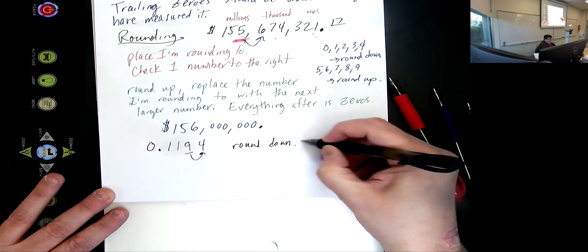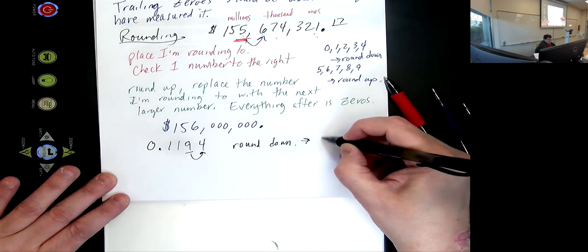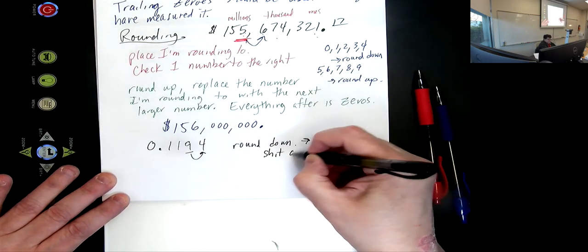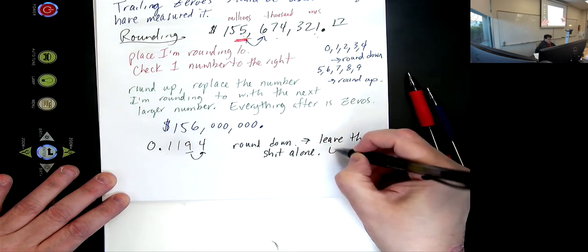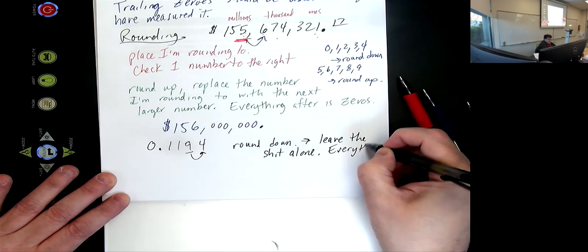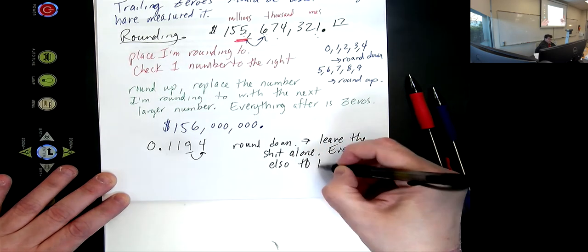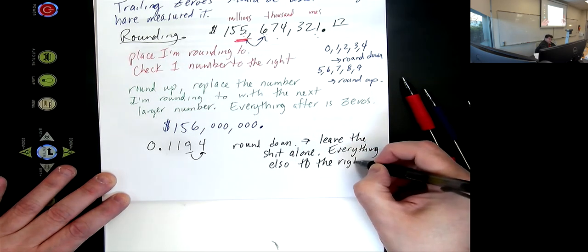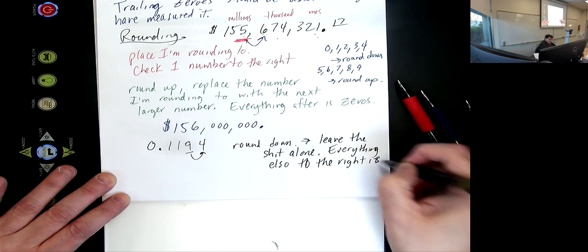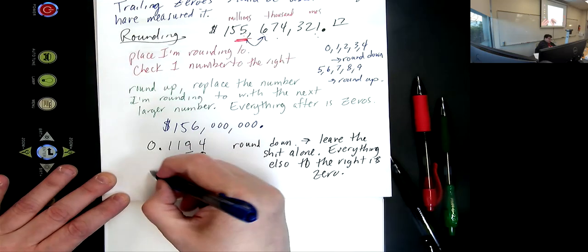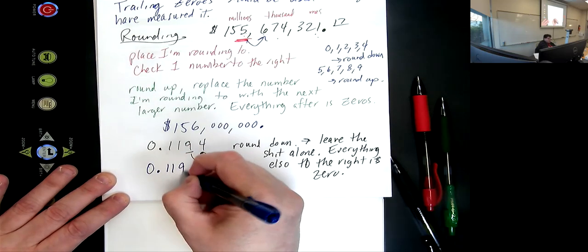Round down just basically means leave it alone, and everything to the right is zeros. So I'm going to leave the 9 alone, and turn that 4 into a 0.